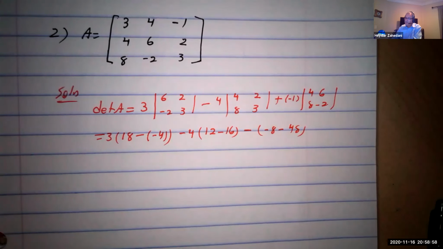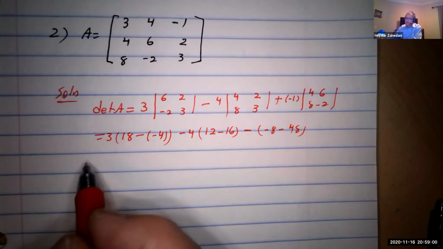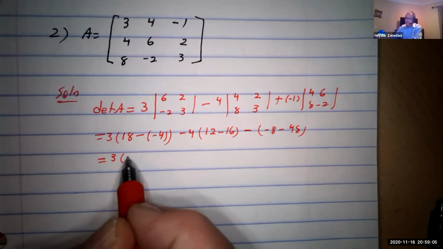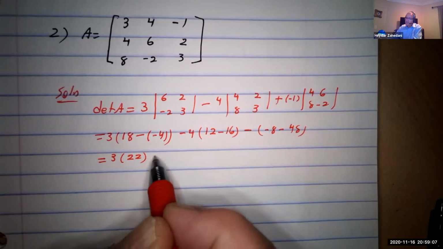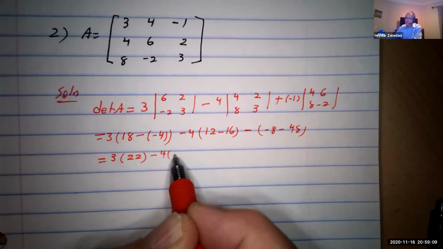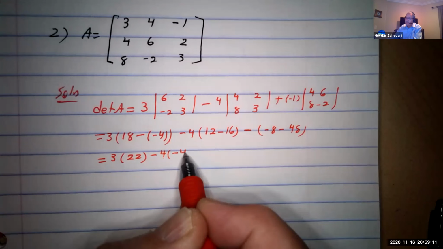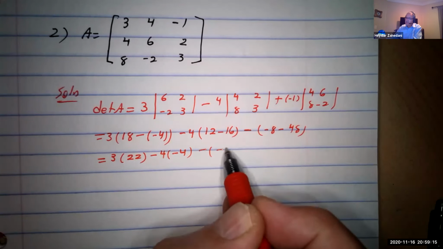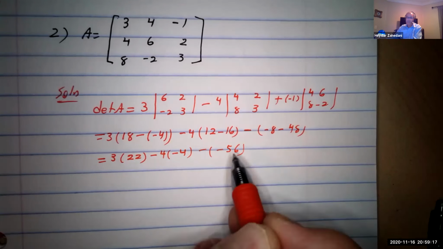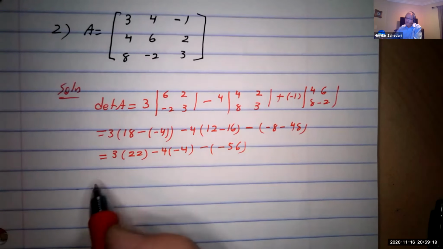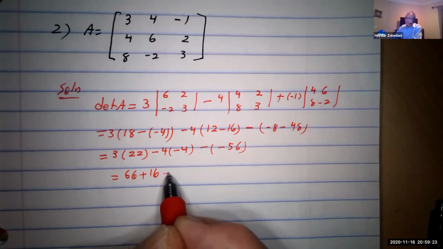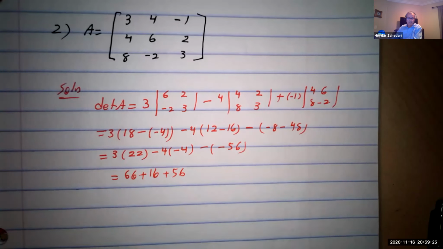Okay, so simplify it. That gives you 3 times 22, minus 4 times negative 4. And that's going to be minus, and this is going to be negative 56. So if you put them together, that gives us 66, 16, and 56.